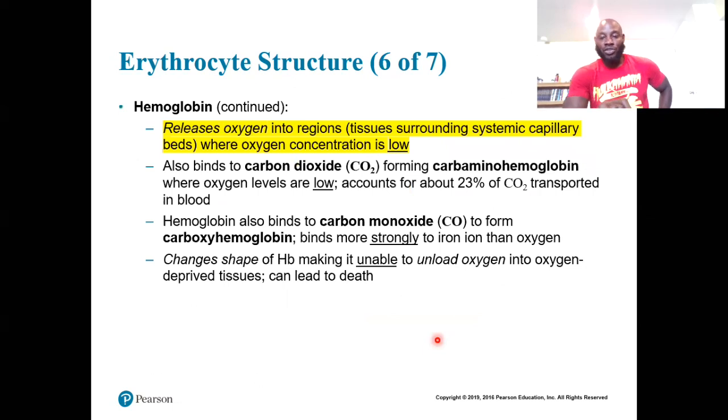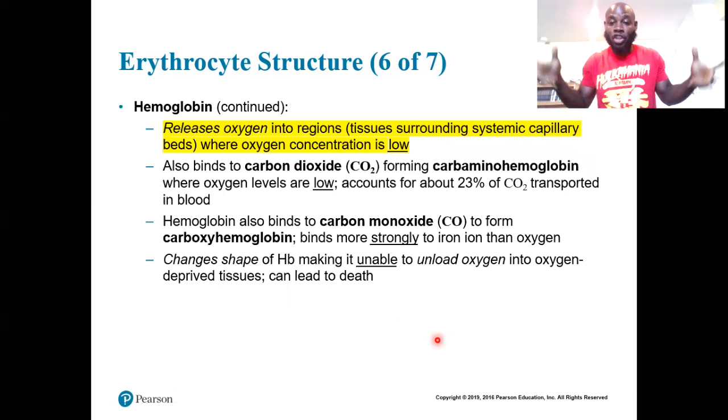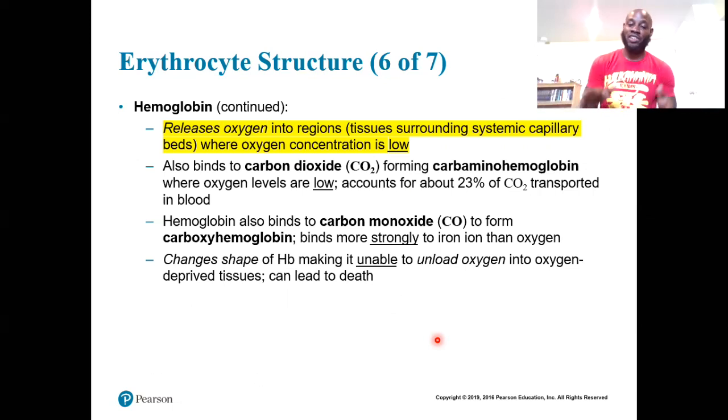At your tissues and your cells in your body, there's low oxygen. When that blood's pumping through your body, your cells have a low concentration of oxygen. And so it goes from the high concentration in your blood to the low concentration in your cells. So it releases the oxygen when it's near your tissues that have a low concentration of oxygen.